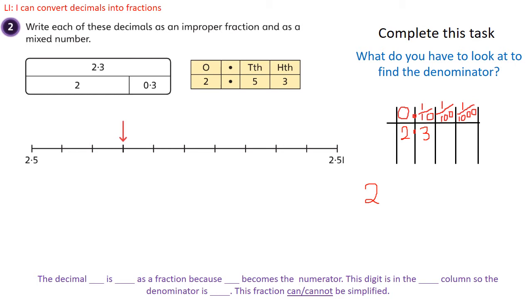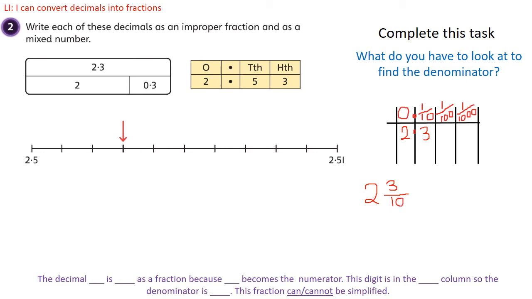So my decimal is my fraction. So I've got 3 in the tenths column. So just as we did before, 3 becomes my numerator and 10 becomes my denominator.